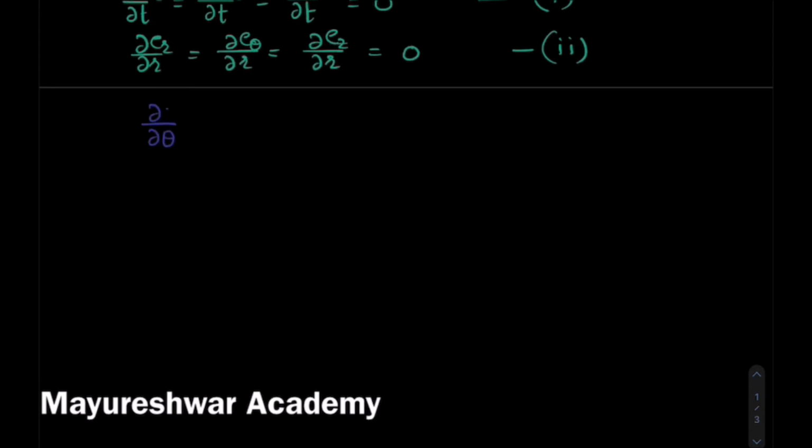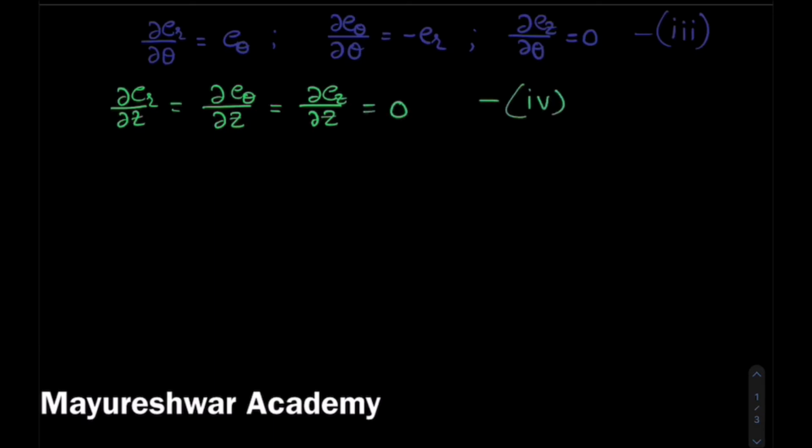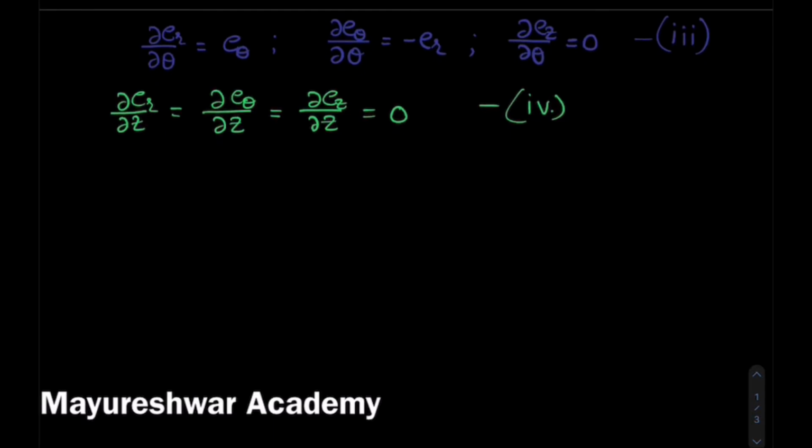For the theta direction, partial er over partial theta is going to be e theta because of the cylindrical terms, the components resolved along respective directions. Similarly, partial e theta over partial theta is negative er, and partial ez over partial theta is 0. Similarly, along the z direction, all the unit vectors differentiated along z are always 0. These are additional definitions which we are going to use in our derivation.